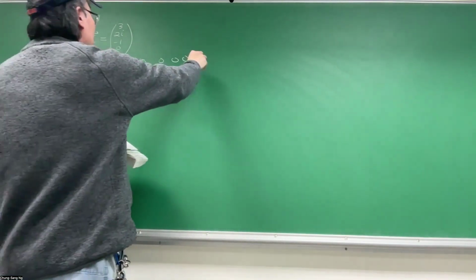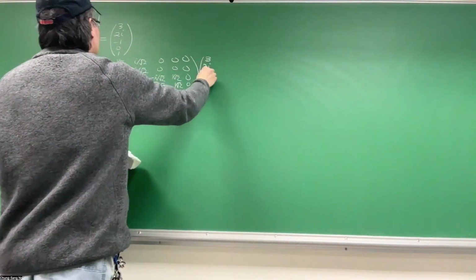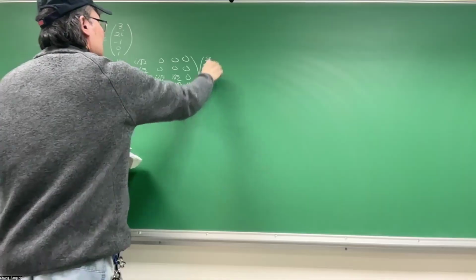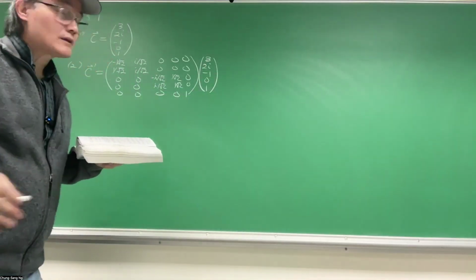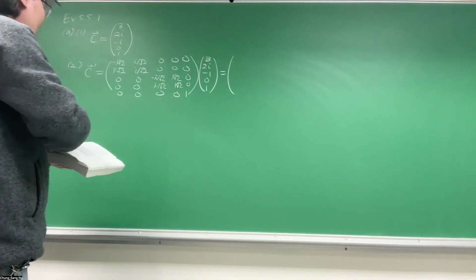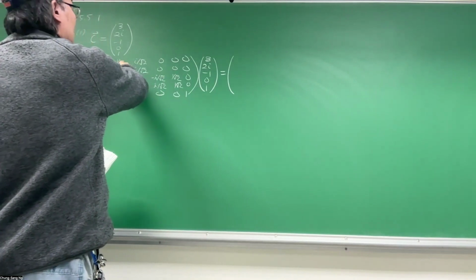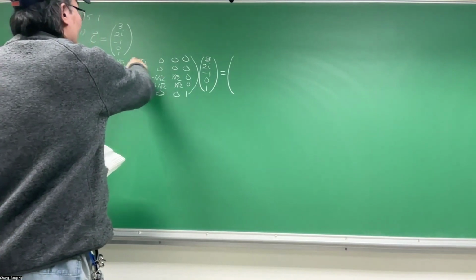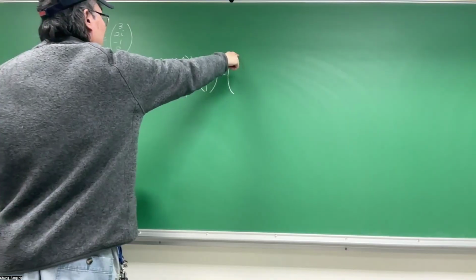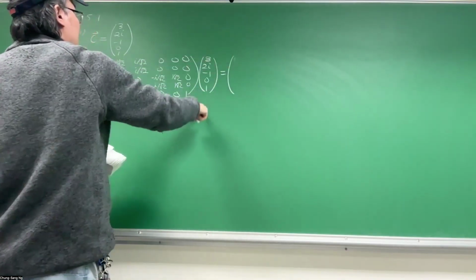Wait, hopefully I calculate 3, 2i. Have to keep doing it. So the first element is just this times that.